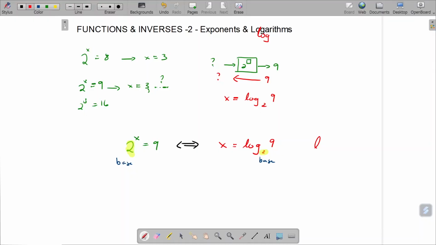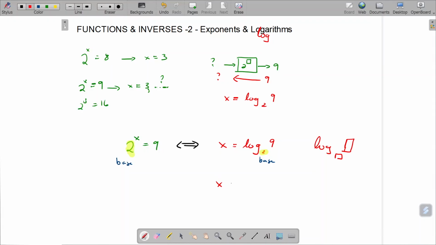Now on your calculator, you have a button that says log of something. So I'm literally going to type that into my calculator right now and tell you what the answer is.